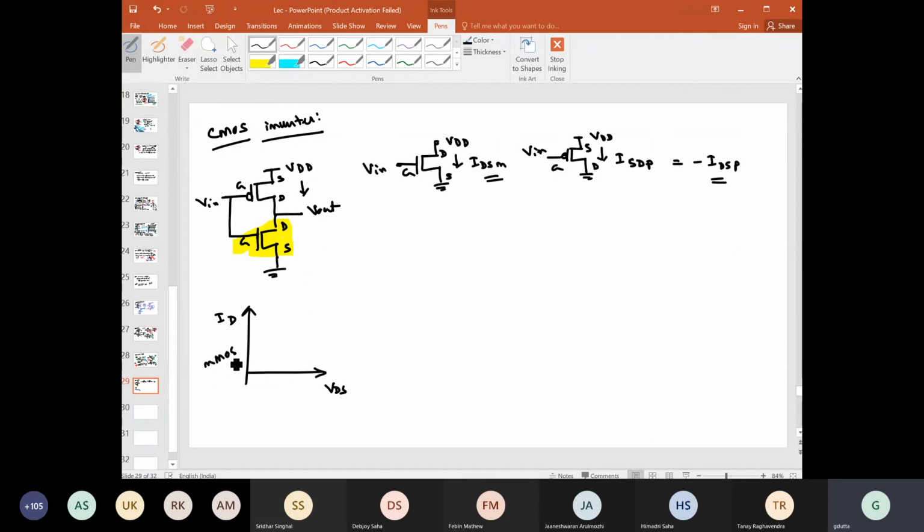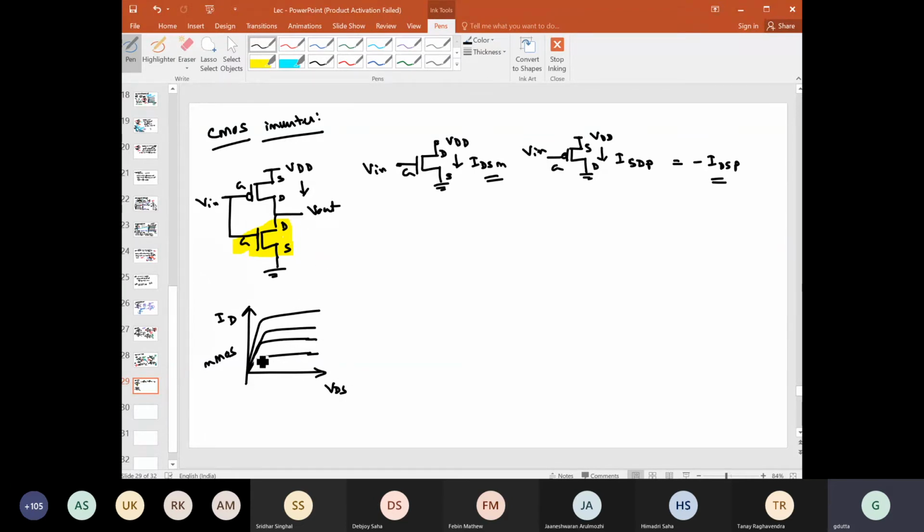For NMOS it will look like this. Again, it looks like there is some short channel effect, but please ignore that. That is not because of my drawing. So this is for NMOS, this is VDS, this is ID.